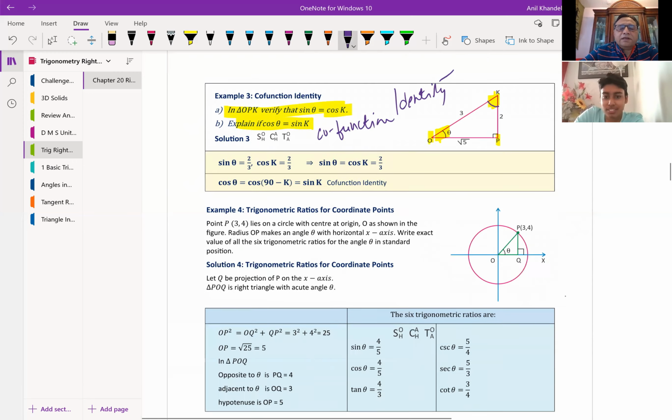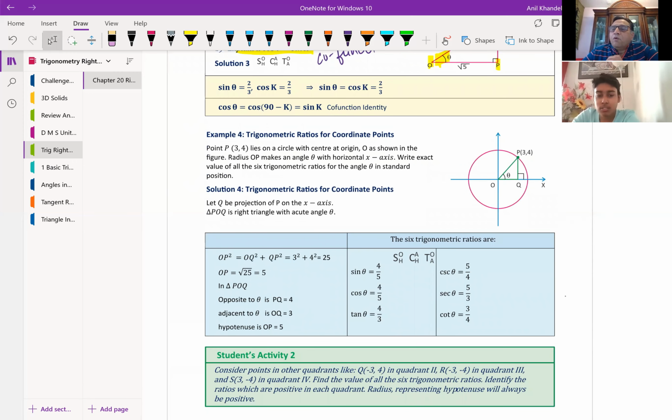Perfect. So yes, it is. Now let's move forward. In the coordinate plane, many times we have points, and those points can give us trigonometric ratios. For example, if I have a point P, which is (3, 4), as shown here, in that case, if I join the point P with the origin O, the concept here is, what angle will the radius OP make with the x-axis?